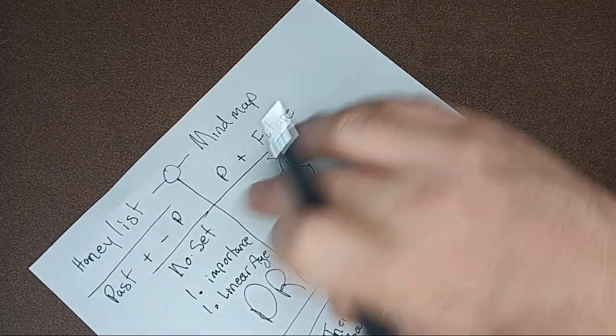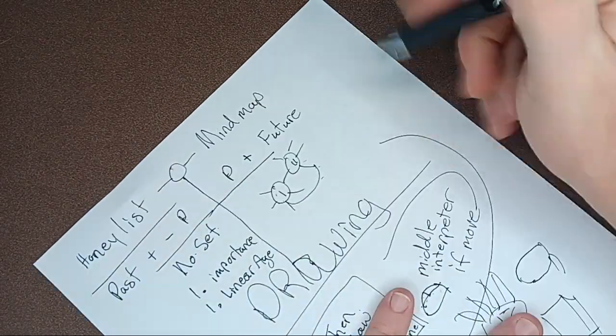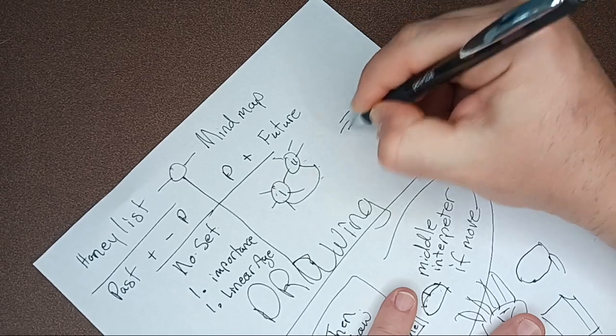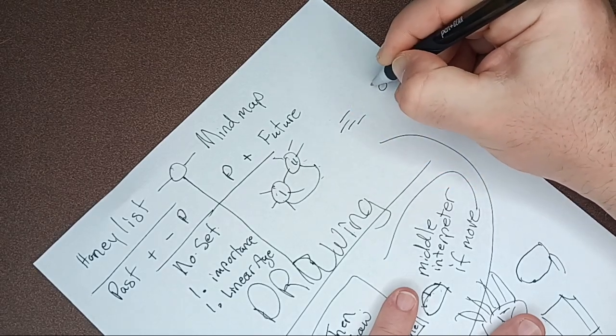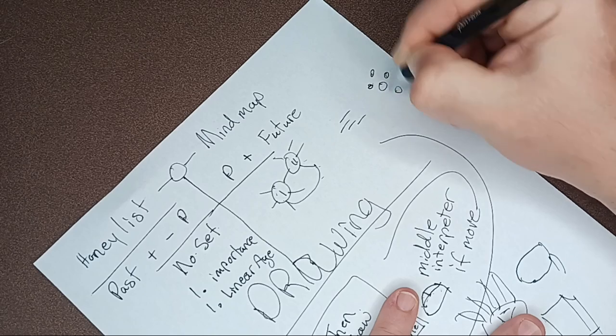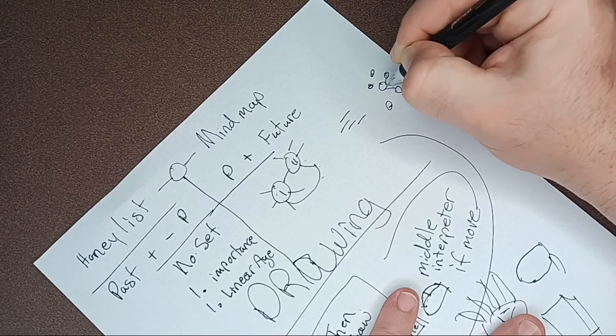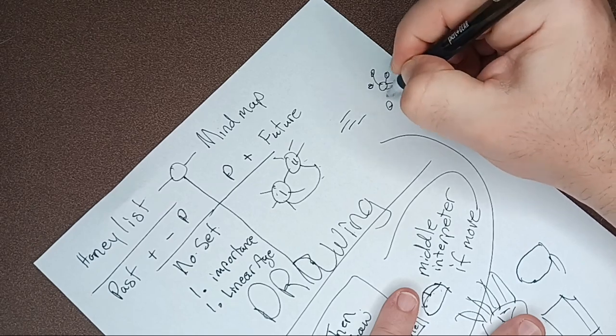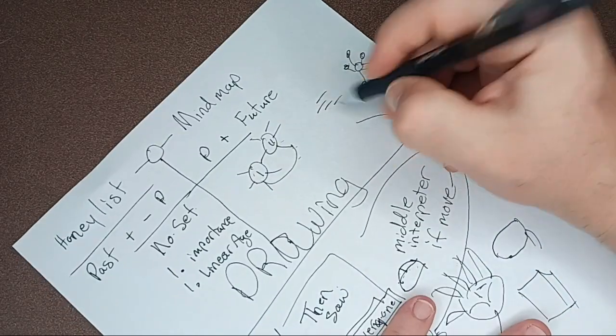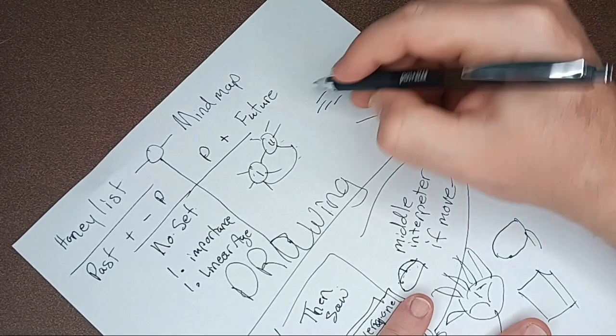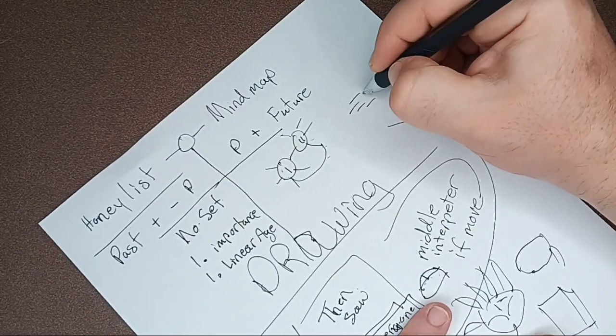All right. So the thing is, you've finished these two things: mind map, list. So you got your list. All right. And then you got your collective list there. And then you draw over it. So you draw a tree.